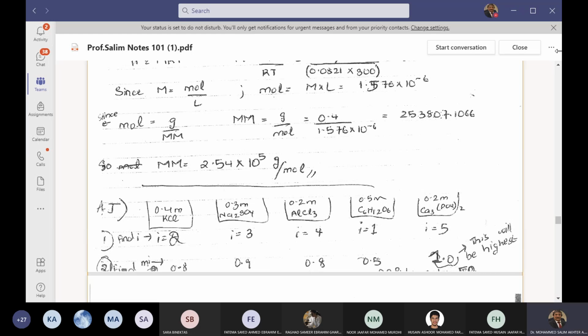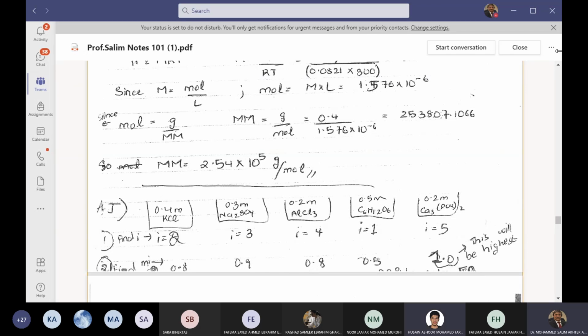Once I found the moles, mole is equal to grams over molar mass. I know the mole and I know the grams. Can I get the molar mass?